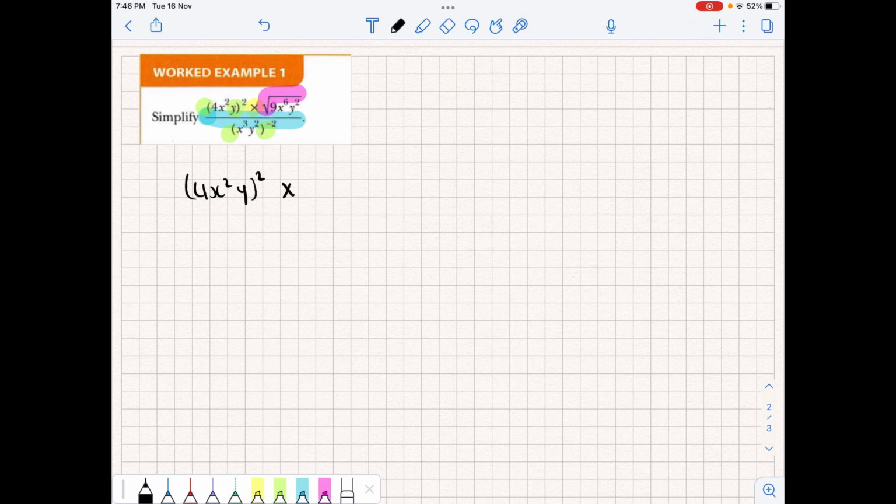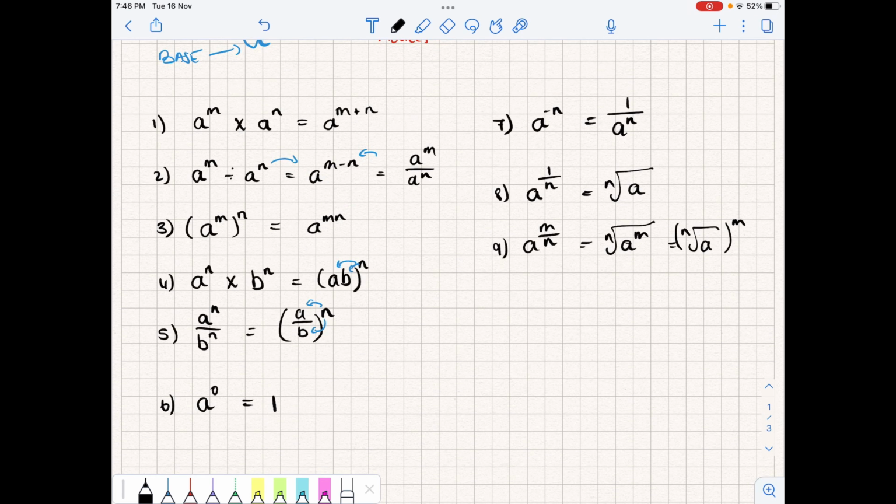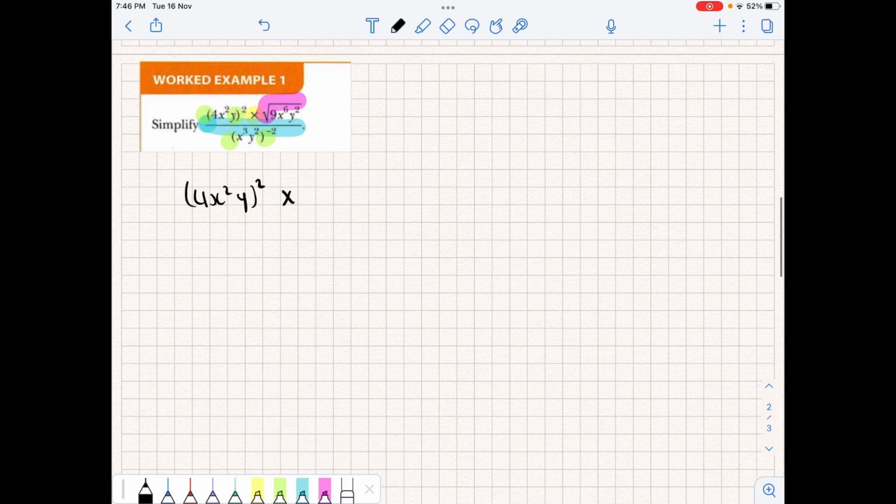Now the square root of a number, if we remember our laws of indices, law number 8, can just be written as the base to the power of 1 over 2. So this would be 9x to the power of 6, y to the power of 2, all raised to the power of a half.